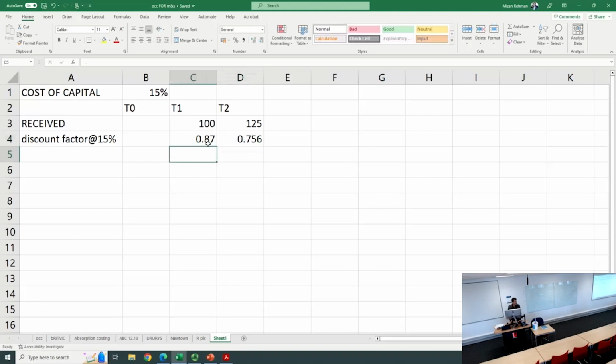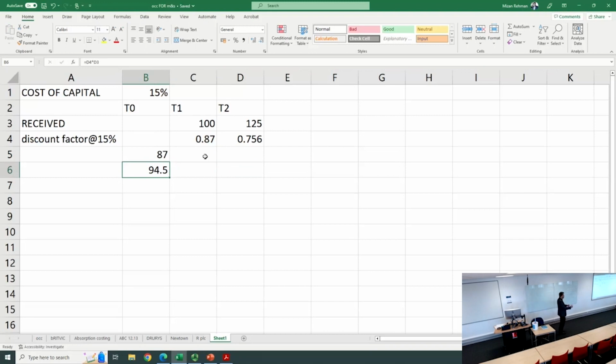We will multiply these two values. So this 0.87 actually should be here. Here.